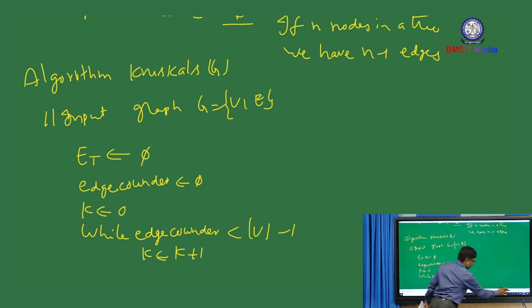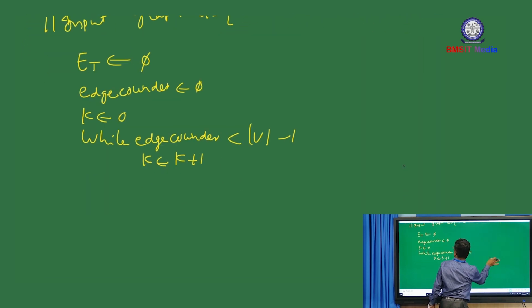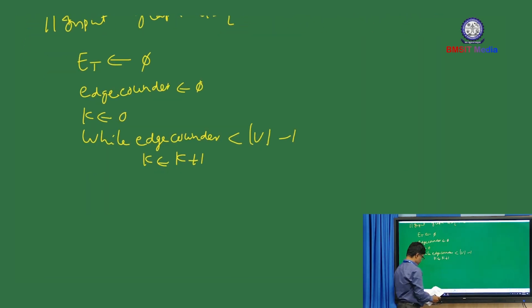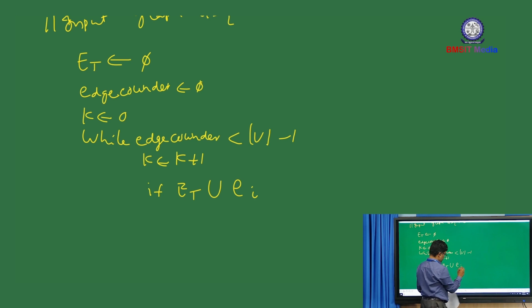Next, what will happen if E of t, this is nothing but the variable you have taken for edges, E of t union E of I comma k.